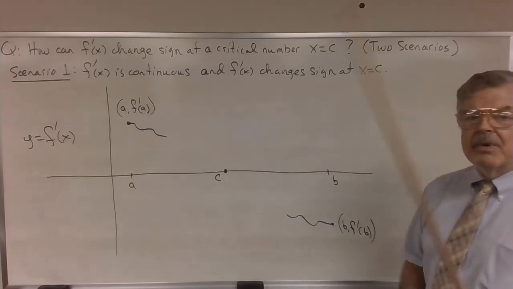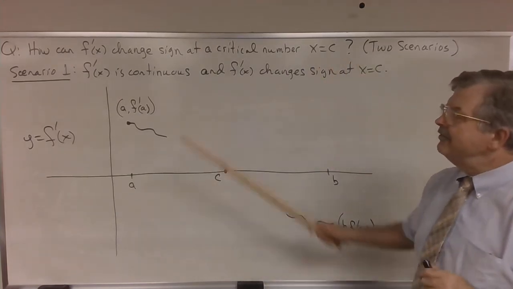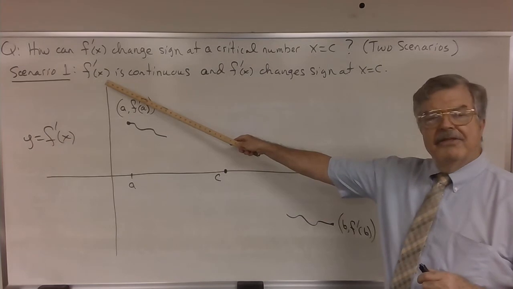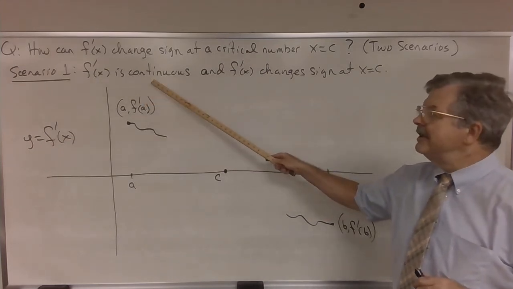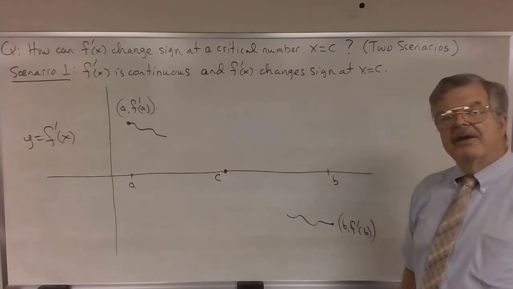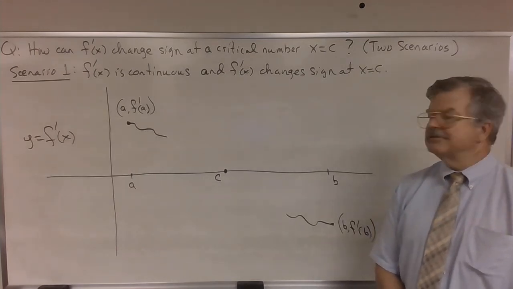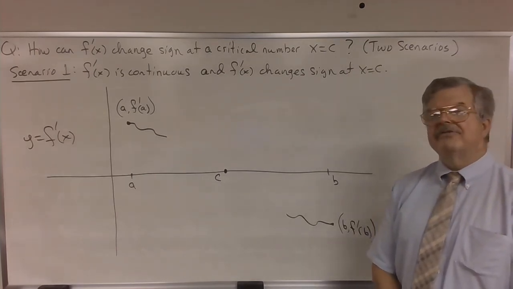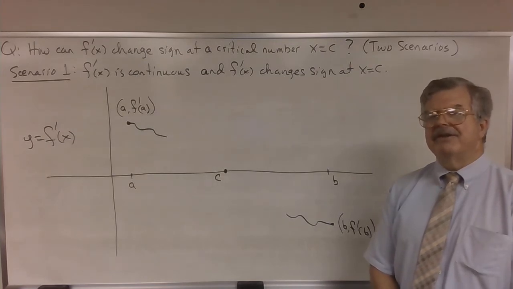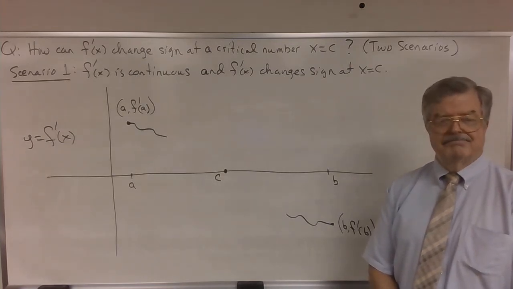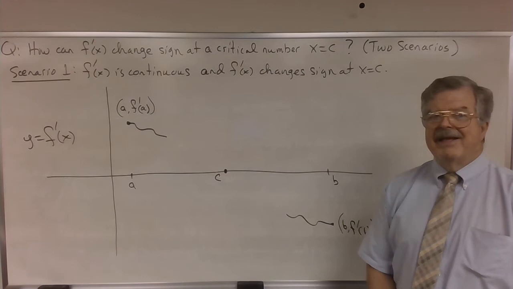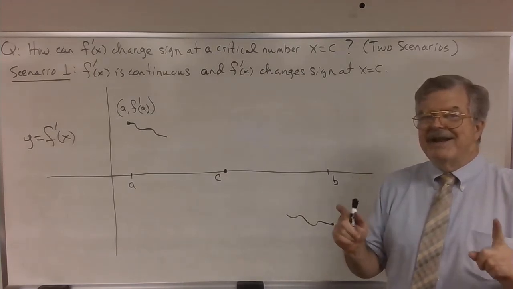Now remember what we're assuming here. In this case, we're assuming that the derivative is continuous. And what is it that we know about continuous functions? What does the graph of a continuous function look like? It's one connected piece.